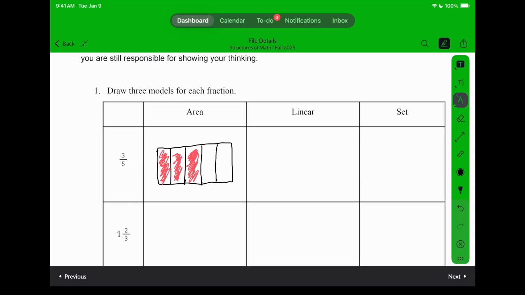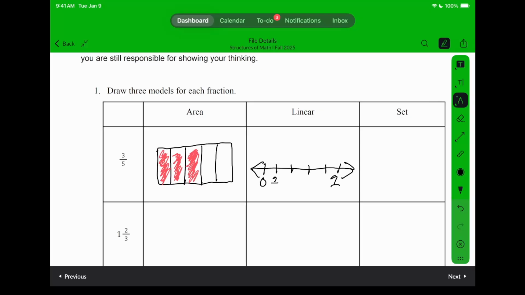Linear model is like your number line. So you just draw a line, put arrows at the end. For this one, since it's 3/5, I'm going to start at 0 and end at 1, and then from here, I can just draw my fifths, split it up.